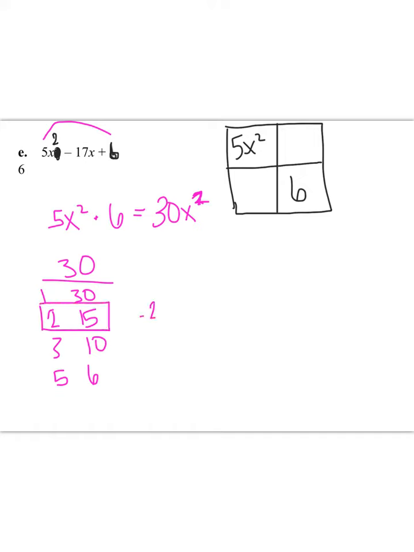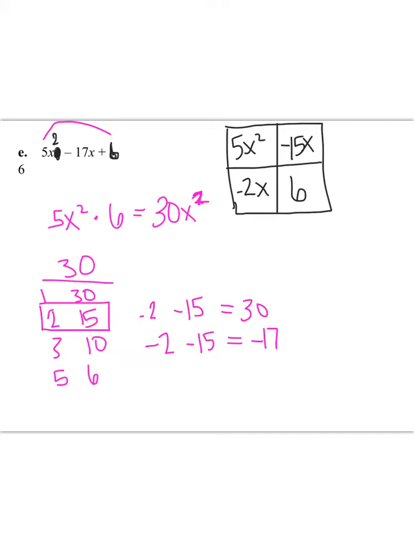If we had a -2 and a -15, and we multiplied those, we would get 30. And if we added those, we would get -17. So that's good. We want 2 and 15. So we're going to put that in the box here, -2x and -15x.